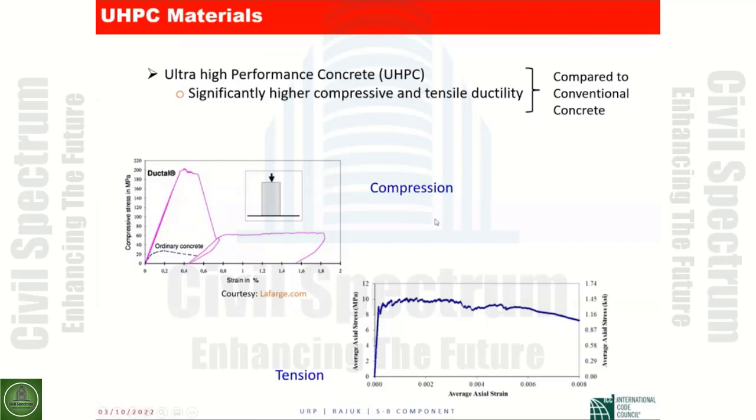Under tension, if you look at the lower figure, at some point we begin to have cracking, and the capacity is stable. But then we are able to maintain that capacity for relatively higher strains. In ordinary concrete, as soon as we have cracking, we have failure. However, the fibers hold the UHPC and allow us to have some level of ductility.